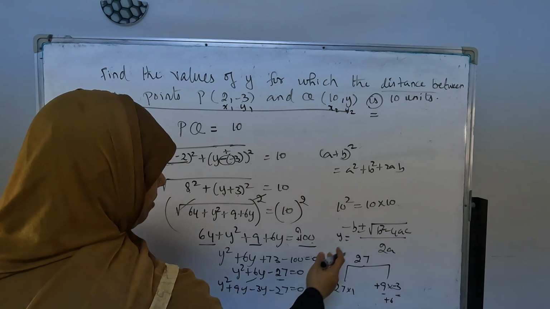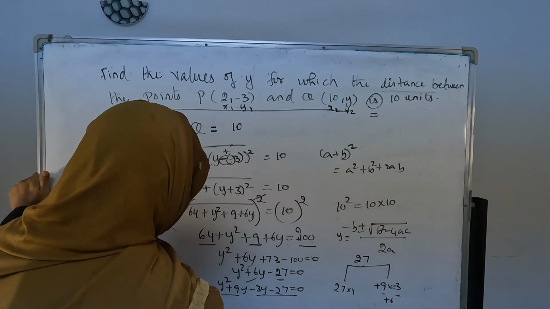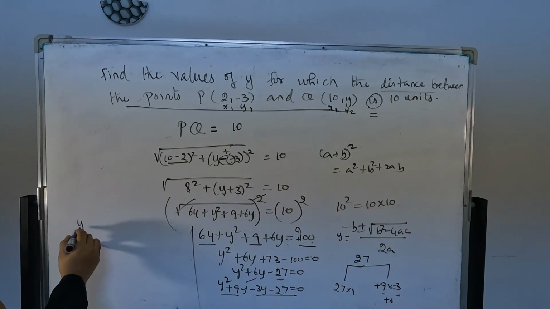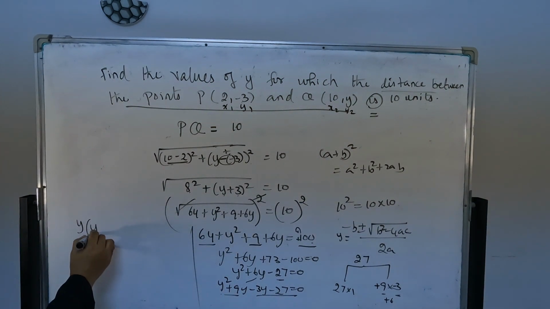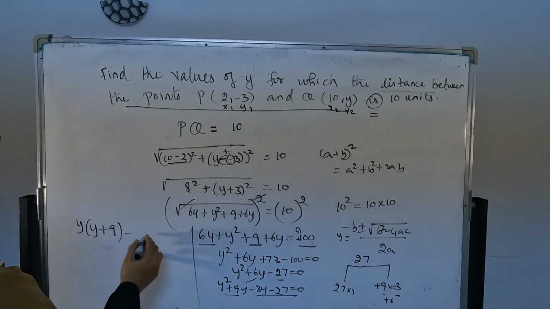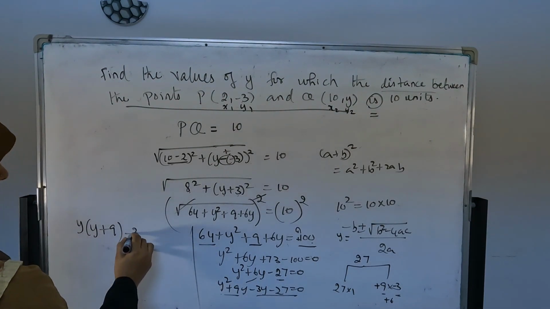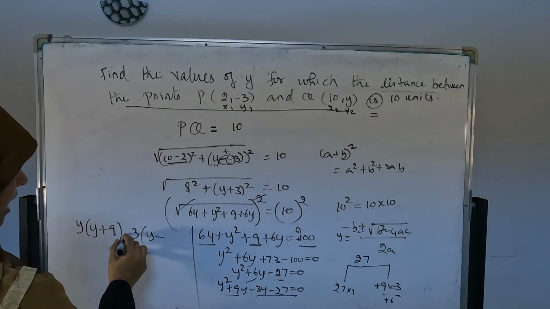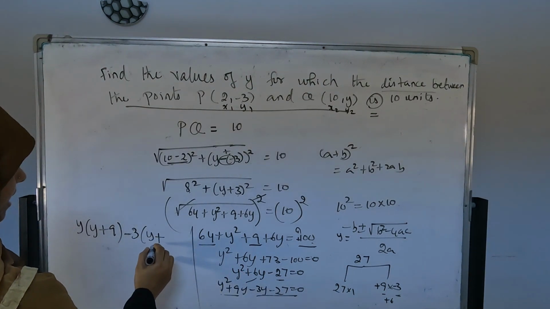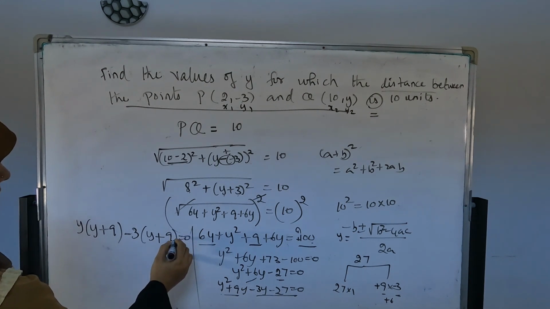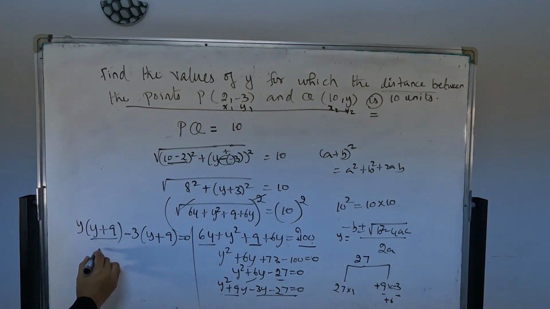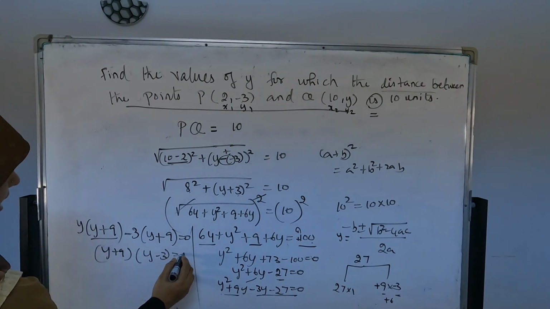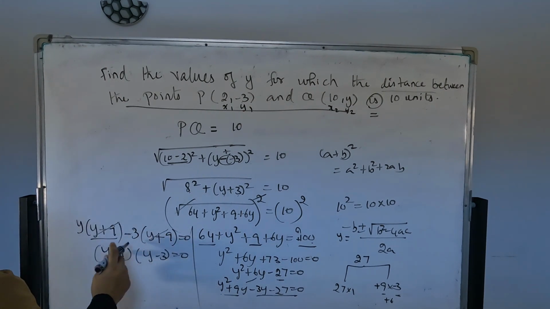Take the common factor from this: y outside, y plus 9; and from the next part take minus 3 common, so y and this minus comes out, and minus times minus becomes plus, equal to 0. Now take y plus 9 common, and the balance in this one is y minus 3.